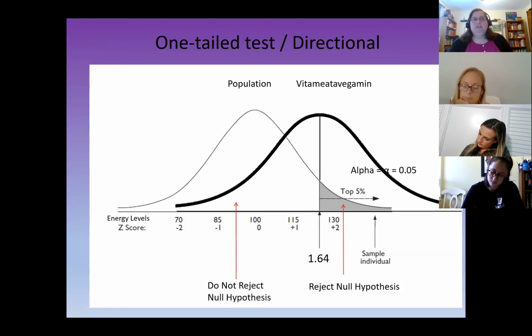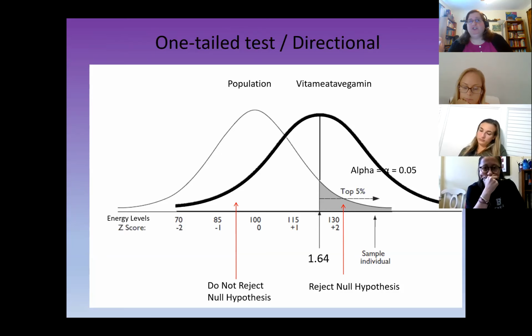Let's say, just for fun, that I did some research about vitamin Vegemin. I found it's actually very dangerous and that it'll lower energy levels, okay? So now my hypothesis is vitamin Vegemin will lower energy levels.